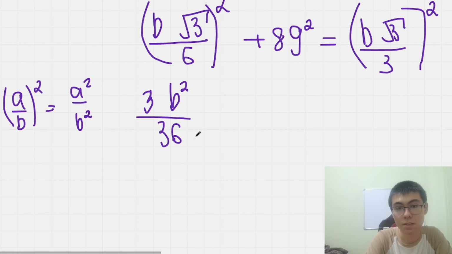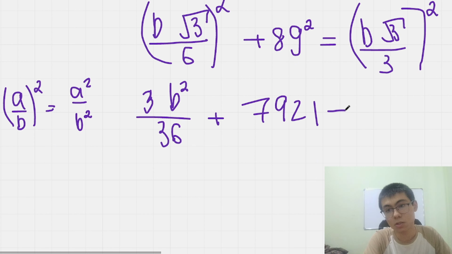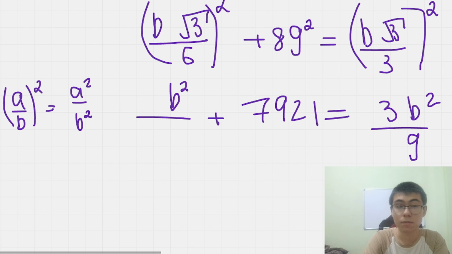So that's why we have 36 here, plus 7,921. After that we have 3b squared divided by 9. And here we can simplify this because 3 divided by 36 equals 1 divided by 12. And in this case, it equals b squared divided by 3.